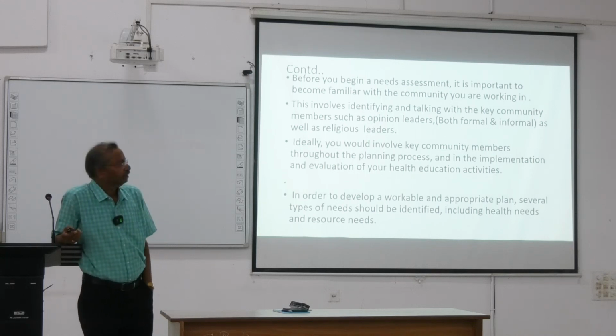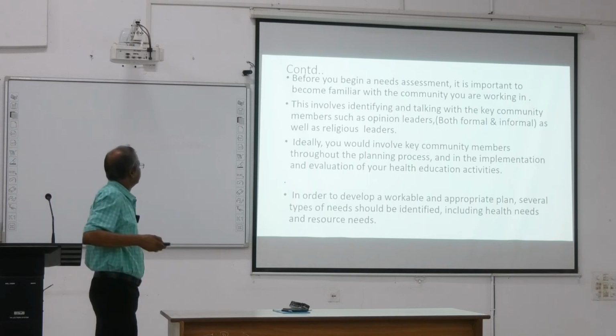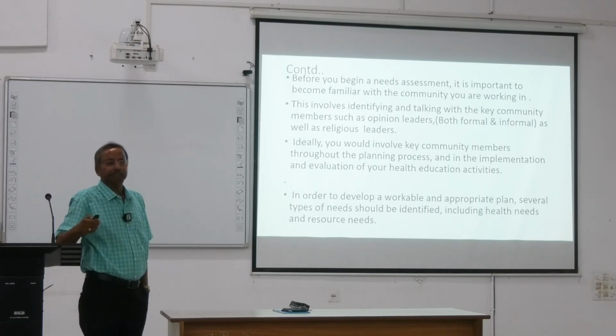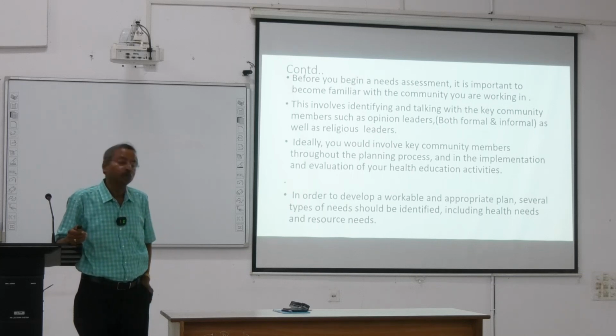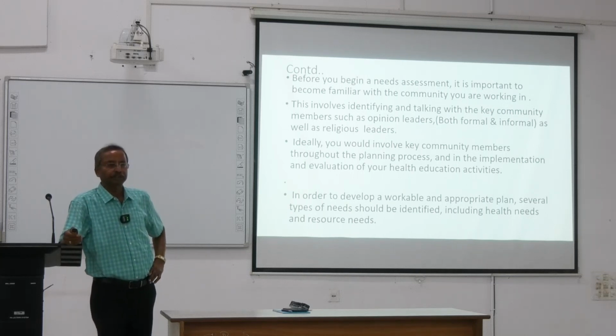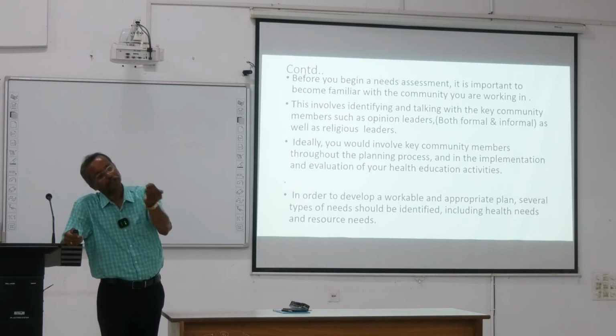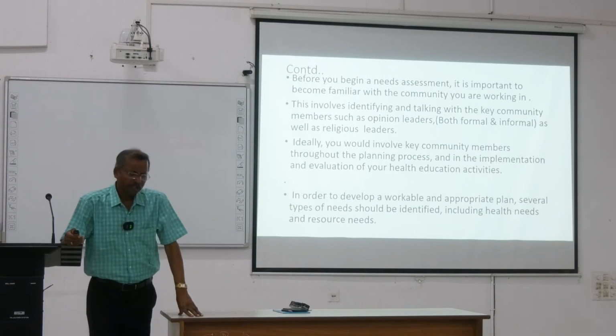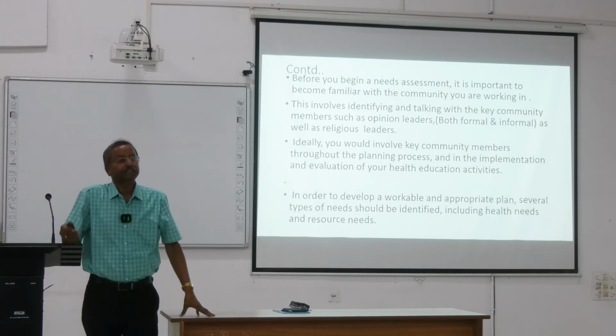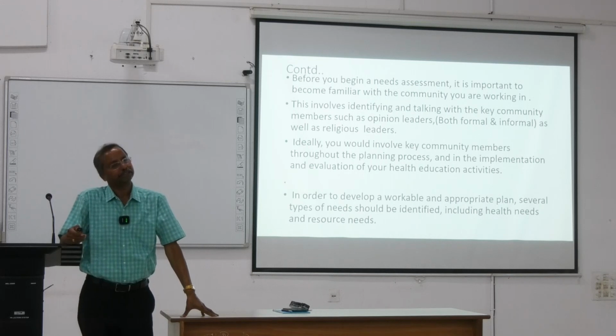At the same time, there are some informal leaders. Informal leaders means they are not visible, but they know many more things about the community. It changes according to the situation. Say for example, in case of a health problem, you are the leaders. You know many more things about the health problems in that particular community.